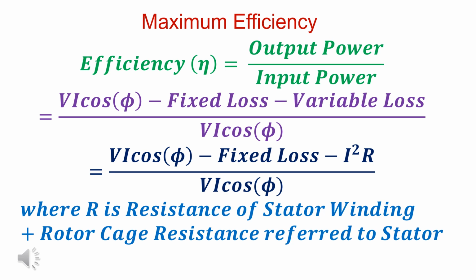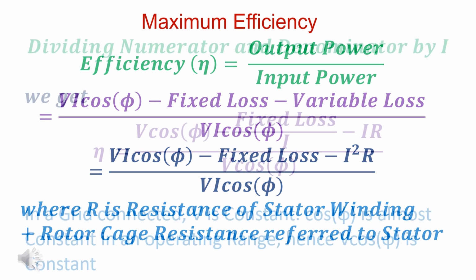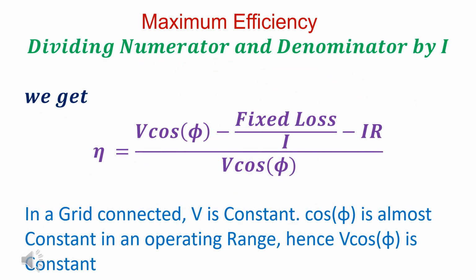Efficiency is equal to output by input, which is equal to VI cos phi minus fixed loss minus I square R loss divided by VI cos phi, which is equal to V cos phi minus fixed loss by I minus IR divided by V cos phi.